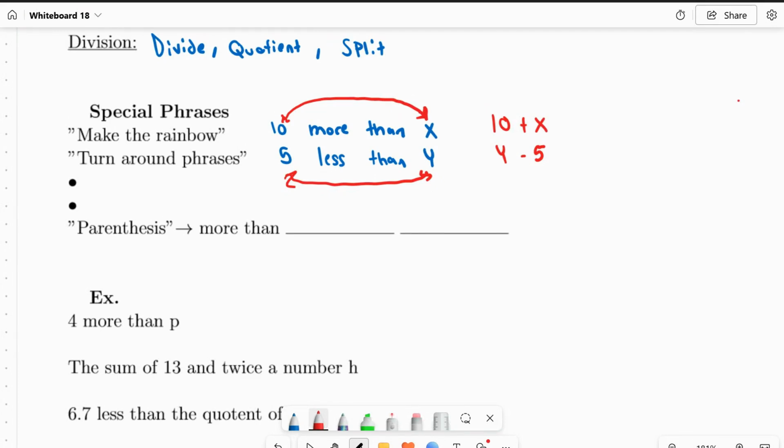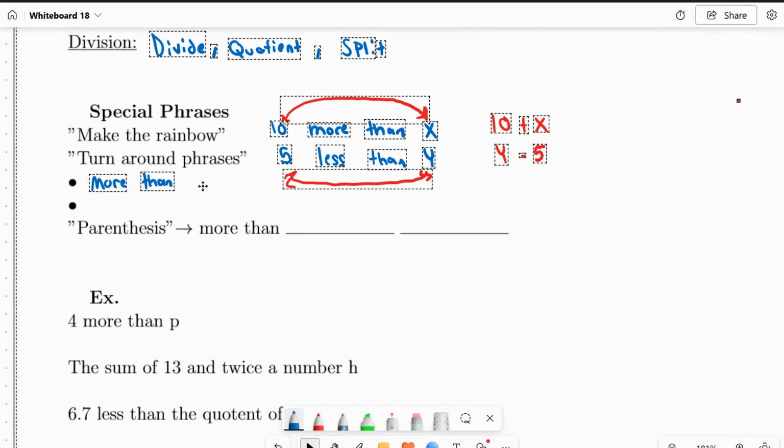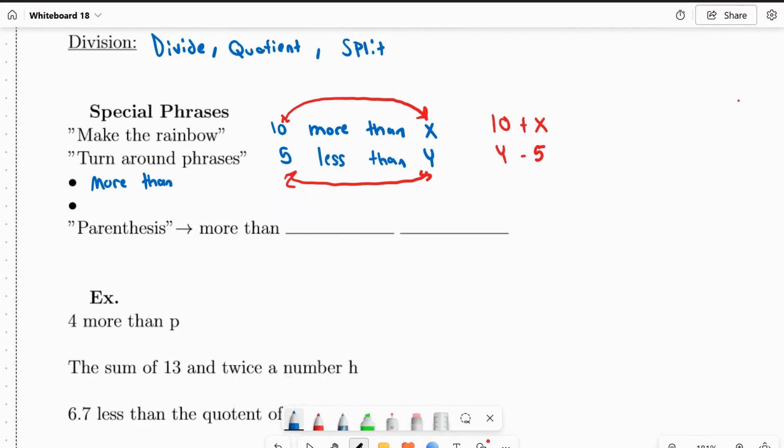Okay, other phrases that we will see will be is more than, and we will also see is less than.